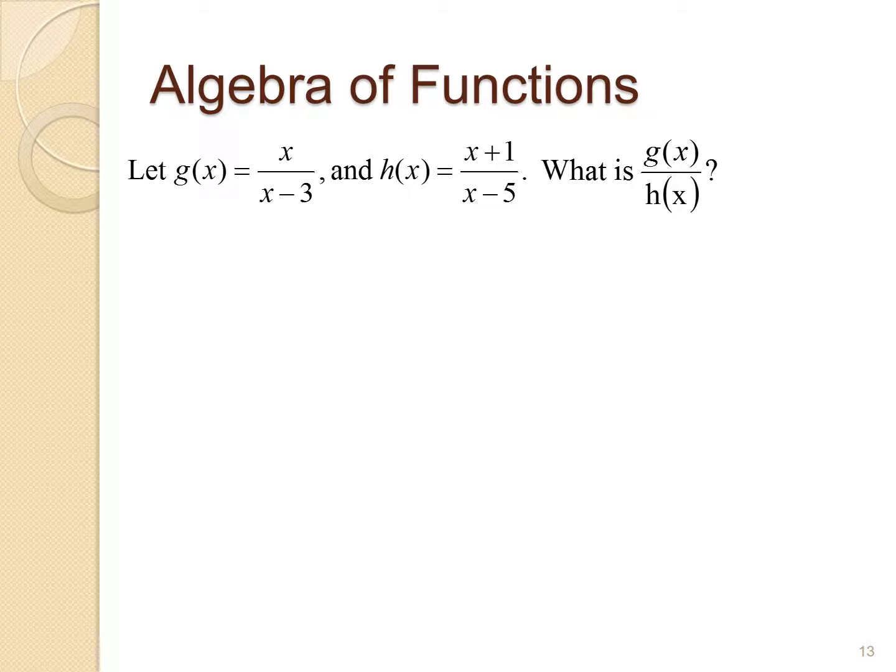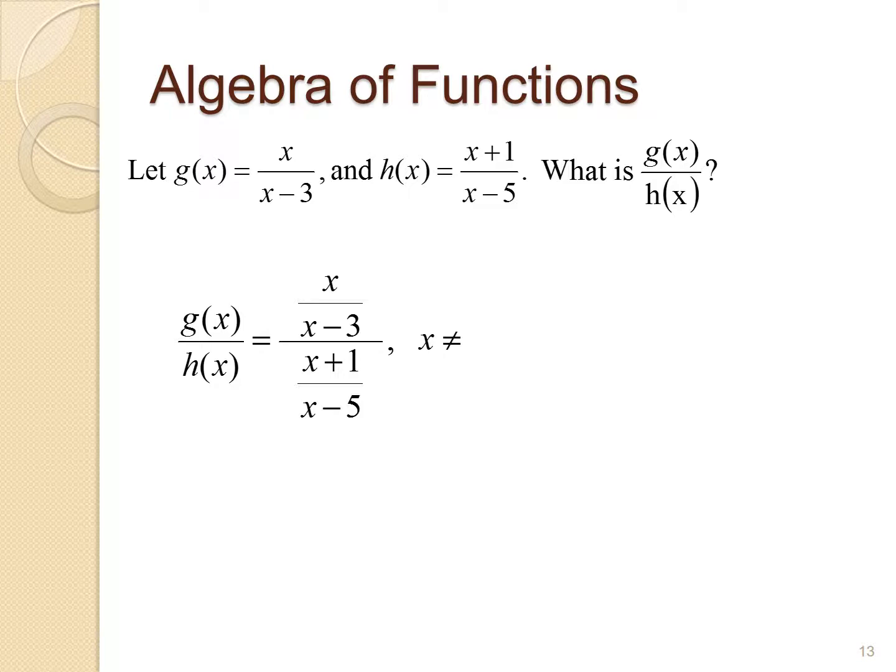An example of what I was just talking about is this function. We have g of x equal to this fraction x divided by x minus 3, and h of x equal to x plus 1 divided by x minus 5. What is g of x divided by h of x? Well, we can simply list them all. g of x divided by h of x is this. Now, at this point, it's really good to list the values that x cannot be.